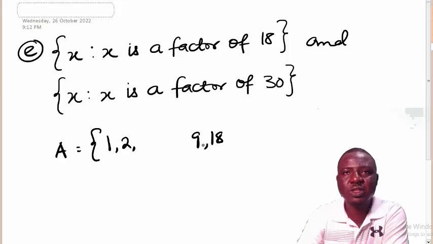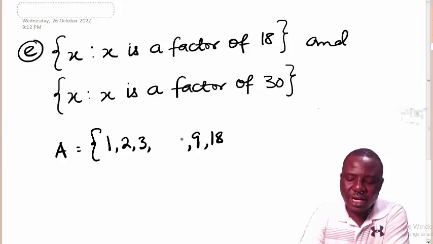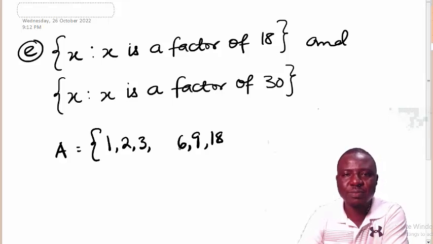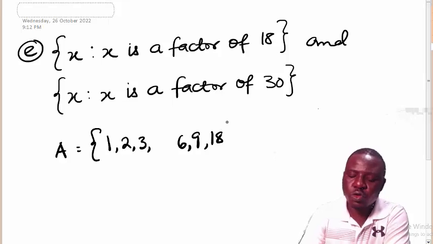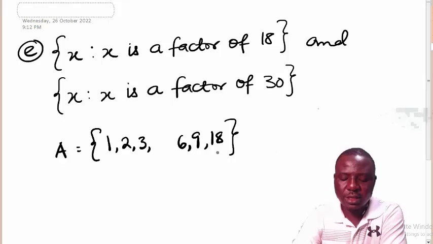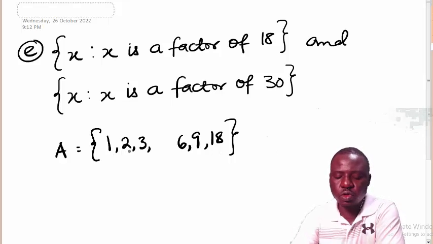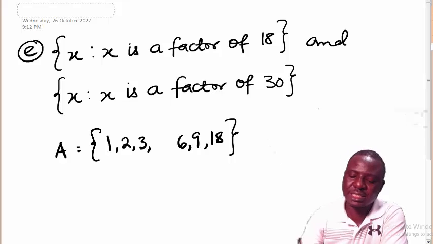So both of them are factors of 18. 3 can divide 18 6 times. Is 4 a factor? 4 cannot divide 18. 5? No. So these are the factors of 18. That is 1, 2, 3, 6, 9, and 18 itself.